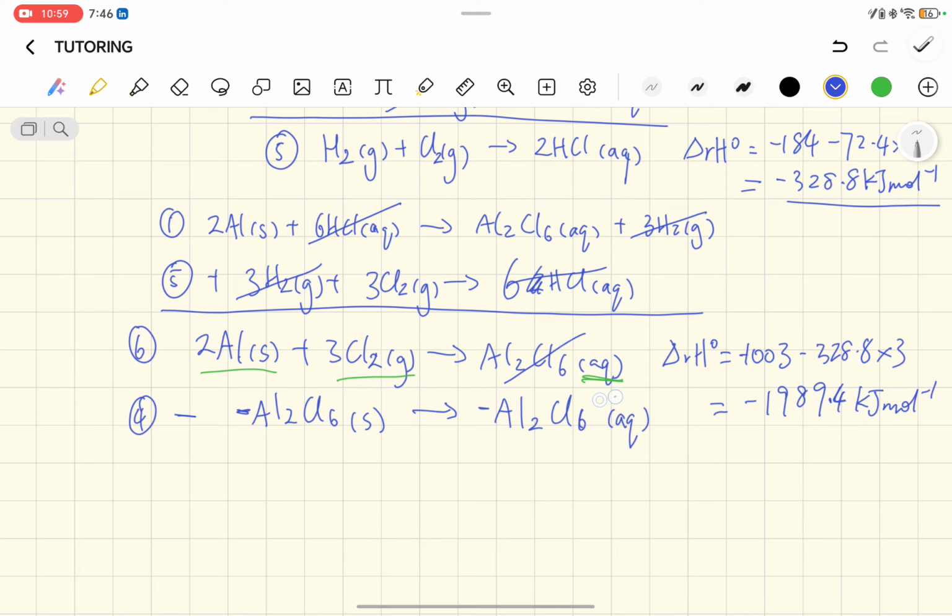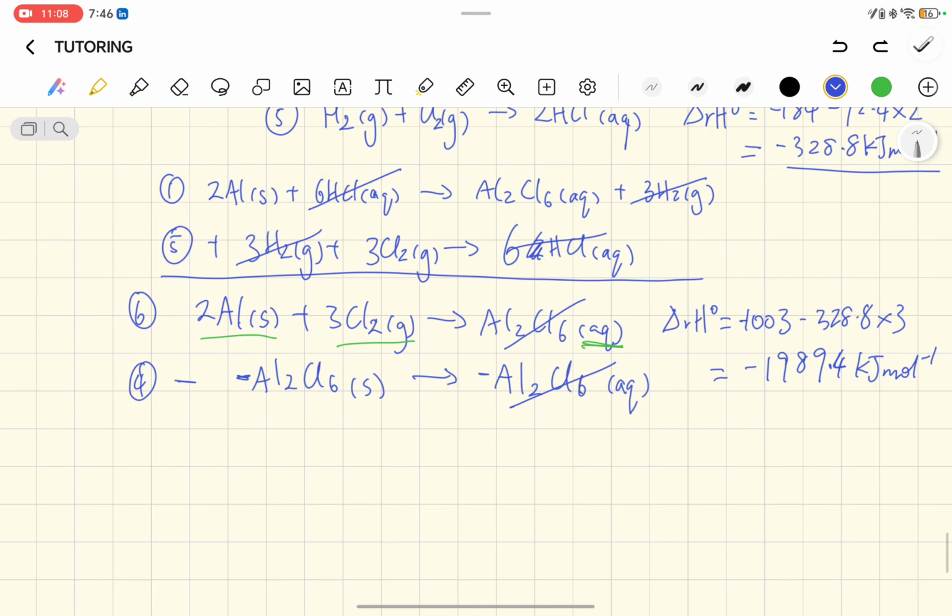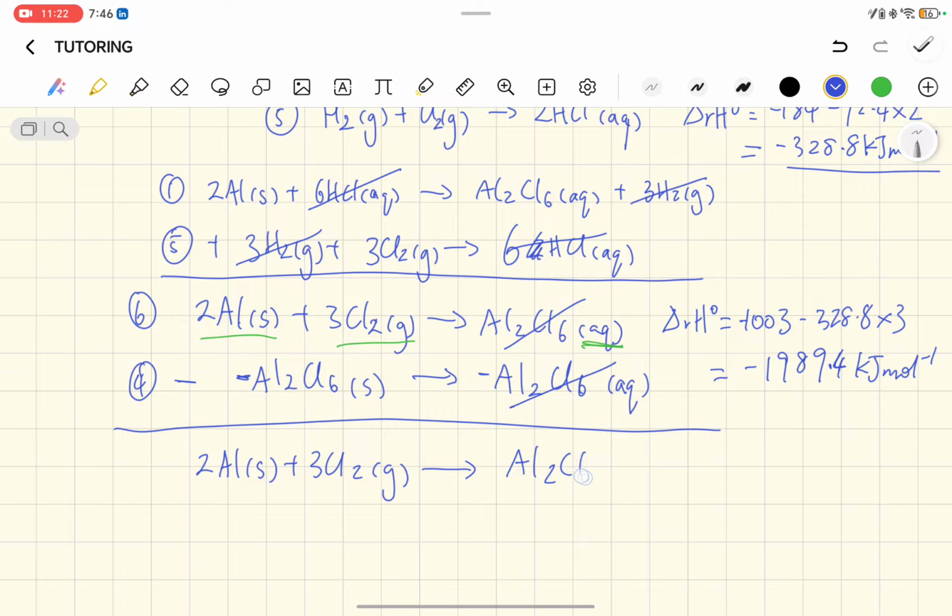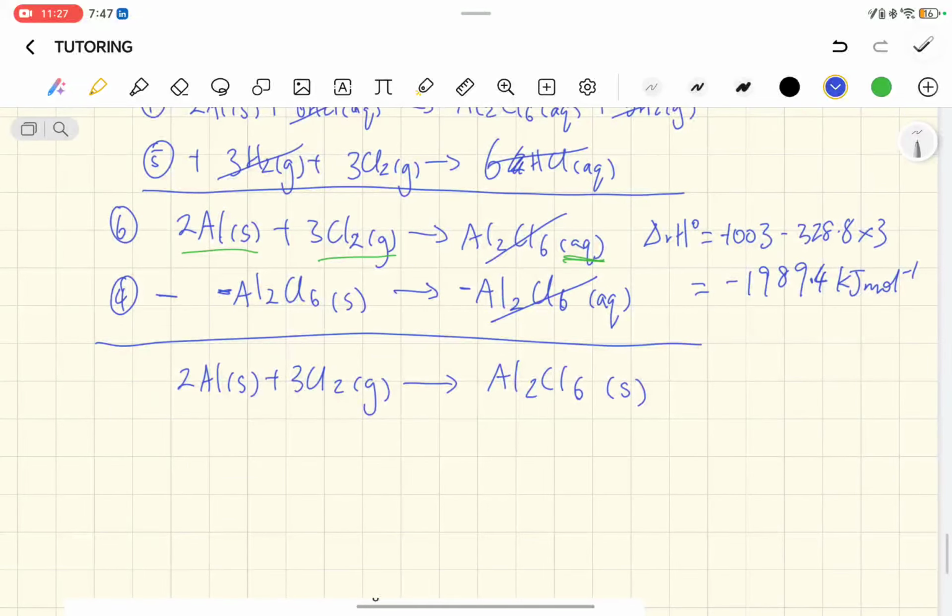So these two will cancel out, and if we minus a negative, it will become a positive. So this negative Al2Cl6 solid that we minused off from the products, from the reactions, will go to the products. So this will give us 2Al solid plus 3Cl2 gas goes to Al2Cl6 solid.